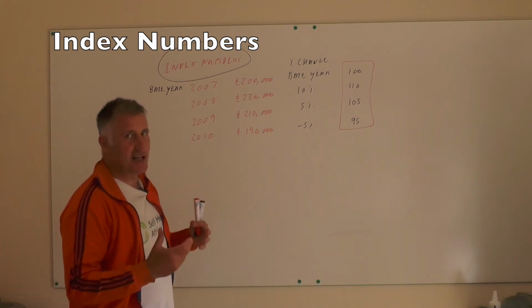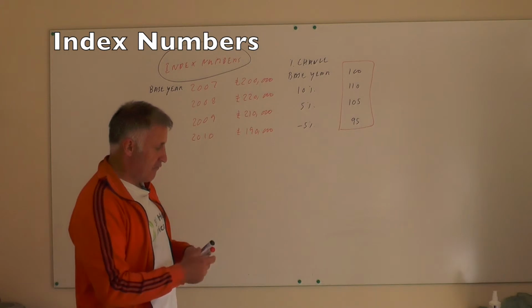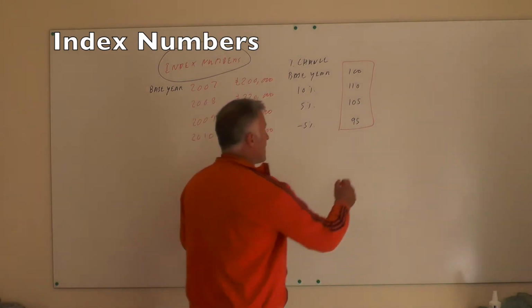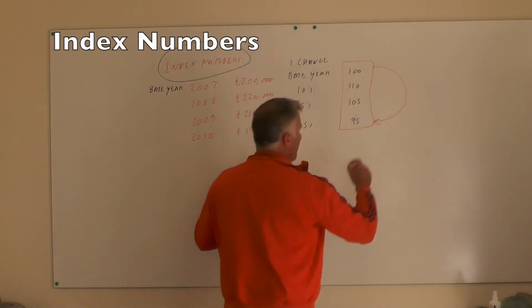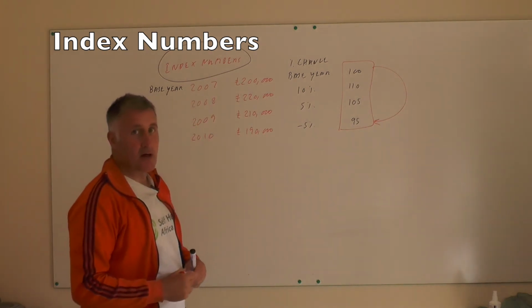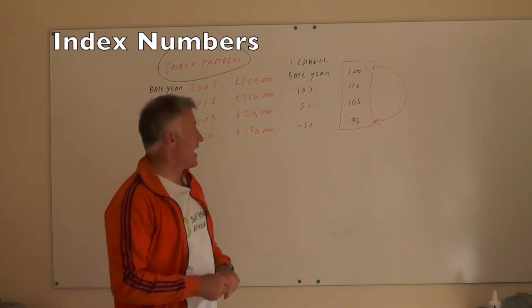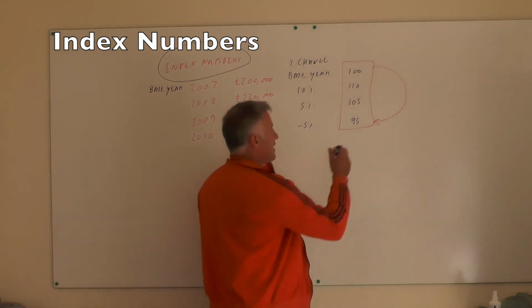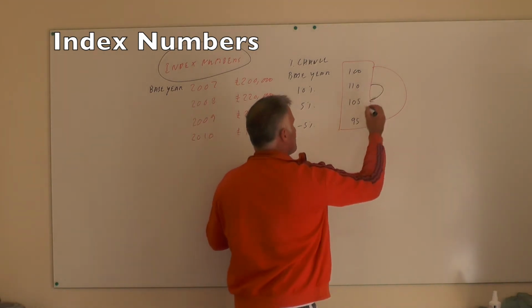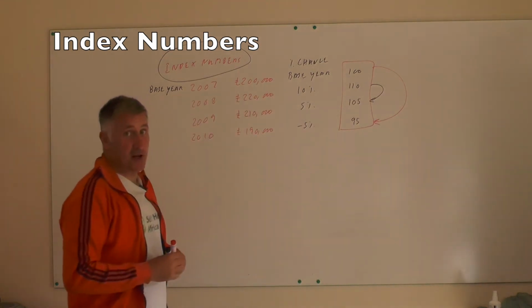So it makes data easier to interpret. So overall we can say, well, in the last 4 years, house prices have in fact fallen. However, they did in fact go up by 10% here, and then they fell again from this year to this year. How do we get those figures?